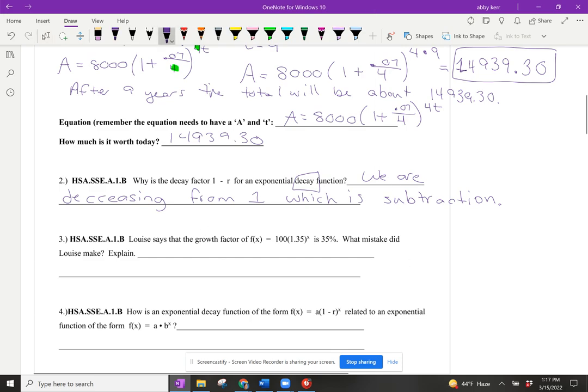Now the growth factor is our b value. And we need to remember that this is a times b raised to the x. So our b is really the 1.35.